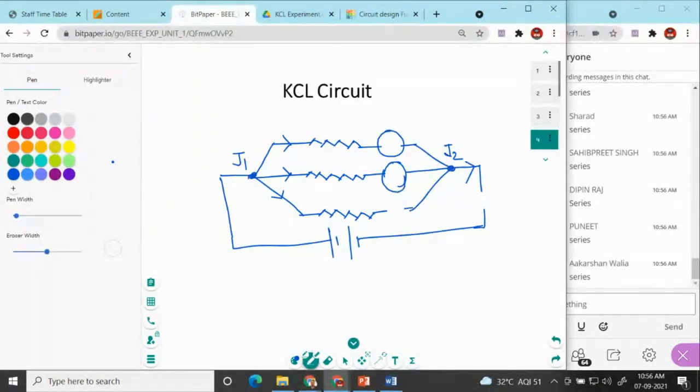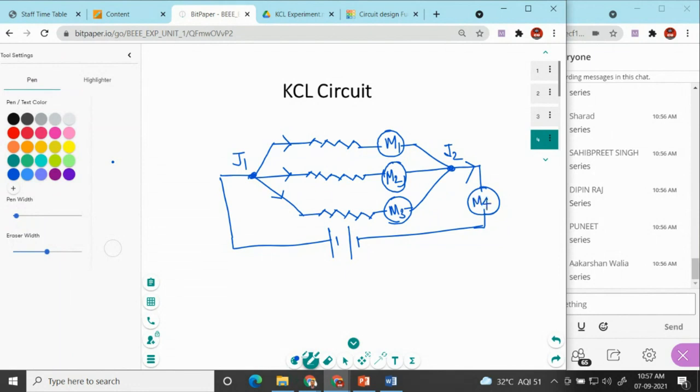So when you want to calculate the current across each branch, you have to connect a multimeter in series. Okay, so here you want to connect multimeter M1, multimeter M2, multimeter M3 and multimeter M4.